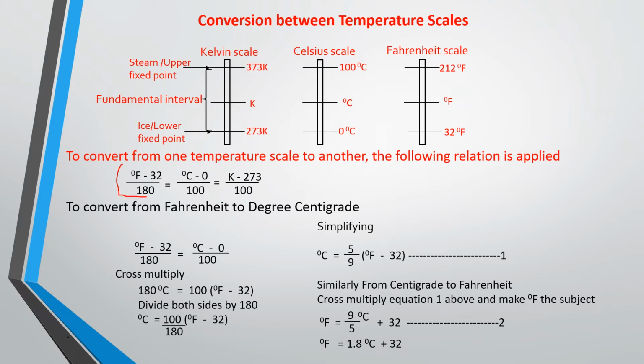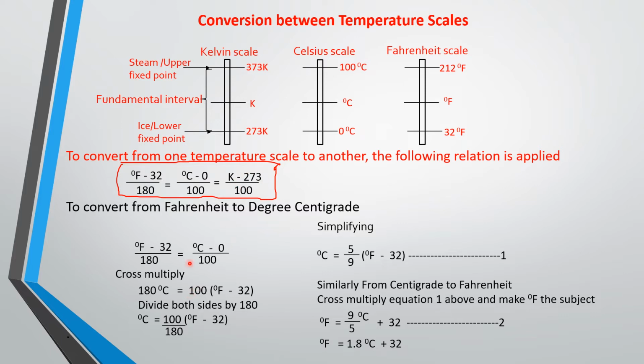In this simple relation, you see that the temperature scales are related to one another by this simple equation. Degree F minus 32 all over the fundamental interval for the Fahrenheit scale, equals degree centigrade minus 0, which is the ice point, all over the fundamental interval for the Celsius scale, equals degree Kelvin minus the ice point all over the fundamental interval for the Kelvin scale.